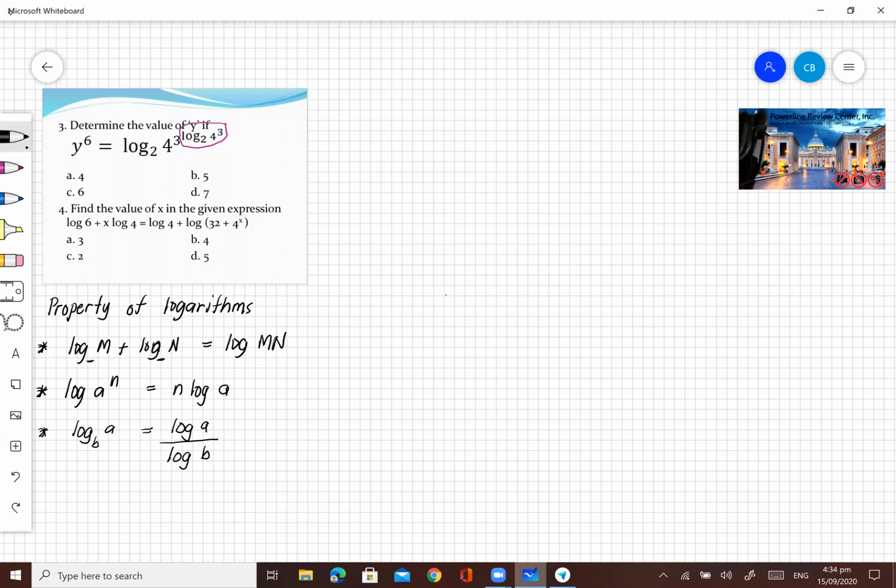Anong ibig ko sabihin, for number 3, you just let the value of logarithm of 4 raised to 3 base 2, I just say that is X.